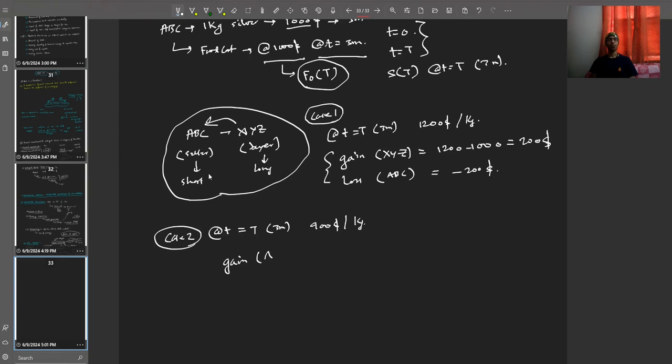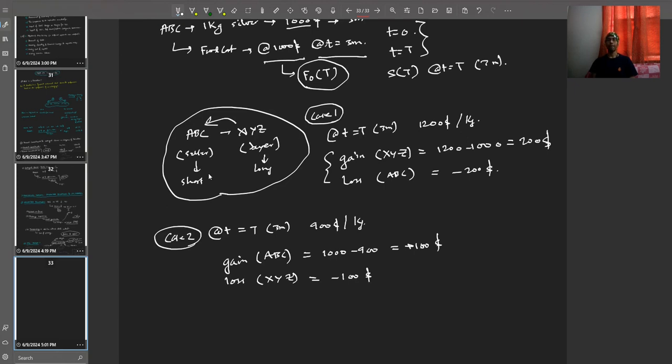A gain to the seller or the ABC is equal to 1000 minus 900, or $100. And loss to the buyer XYZ is equal to minus $100.